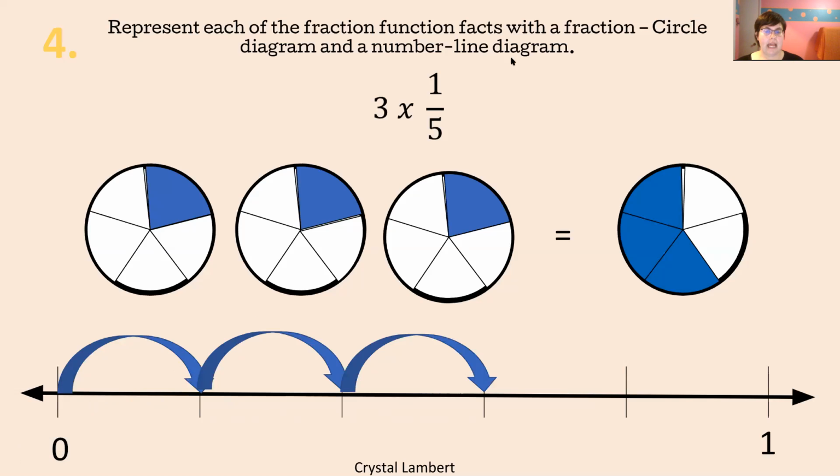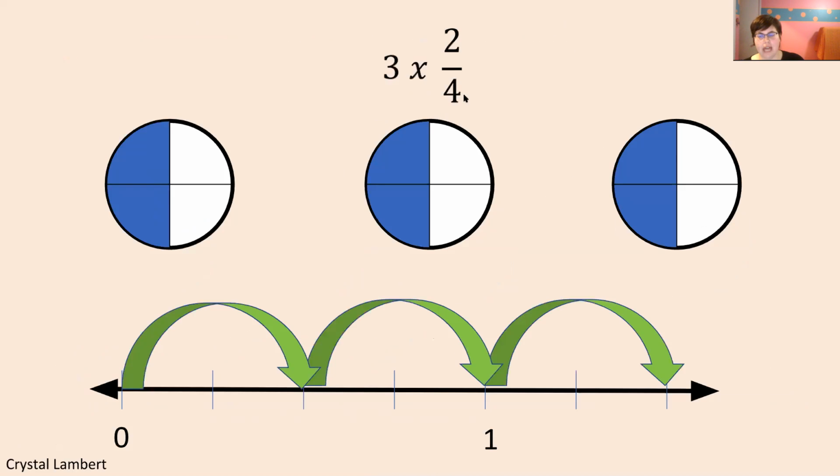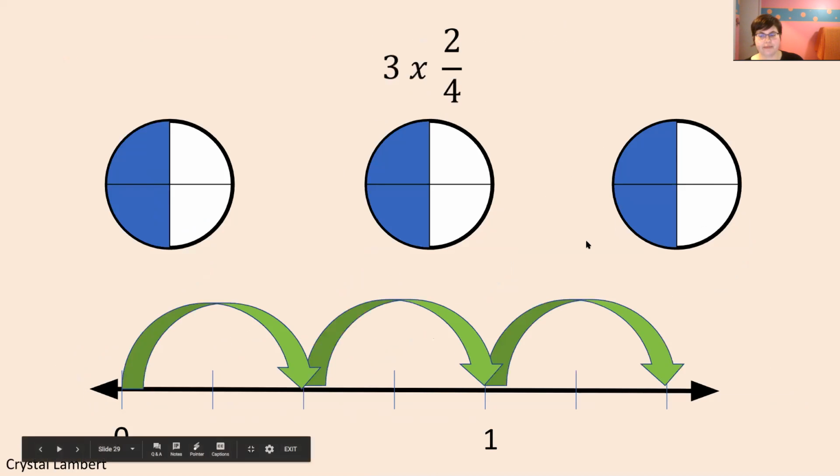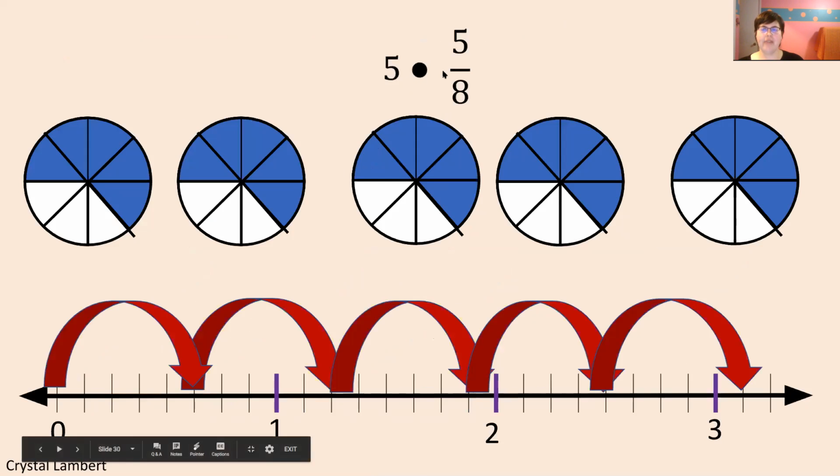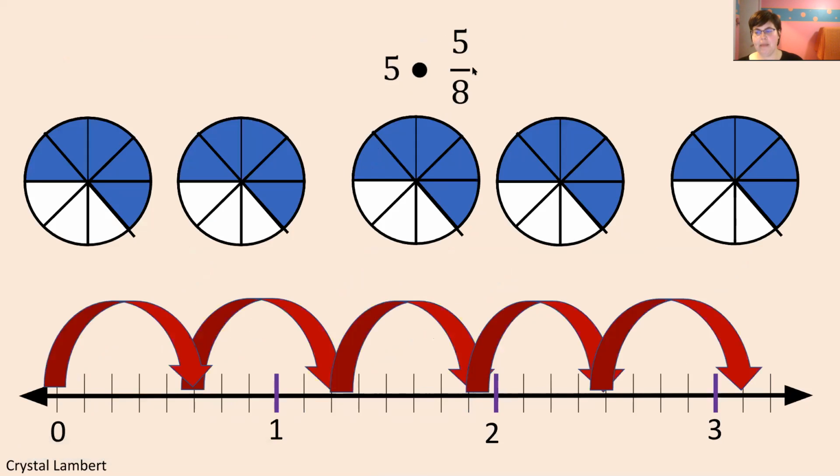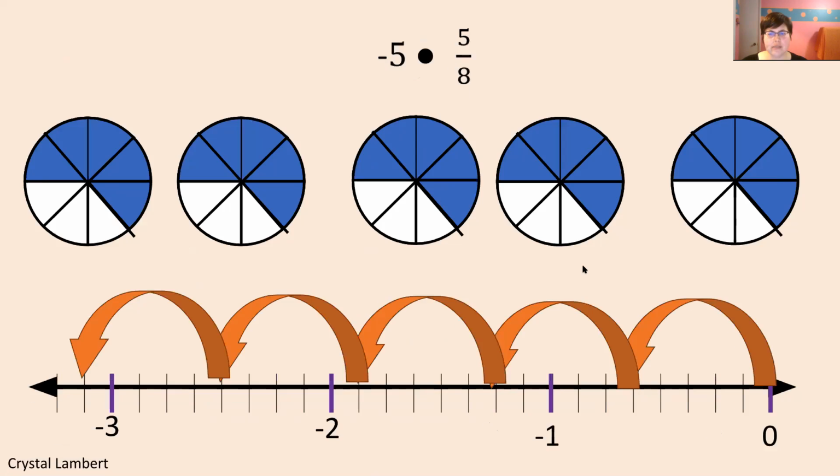And that's 1/5. So this 3 is going to show us how many times our arrow is going to jump 1/5. And then we do that with 2/4 and 5/8. So see here, you start getting fancy. It gets exciting, and you can do this.